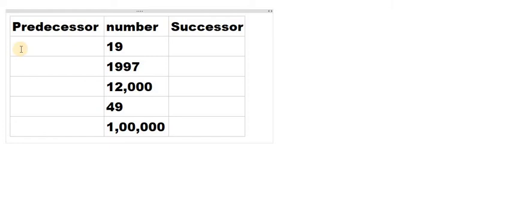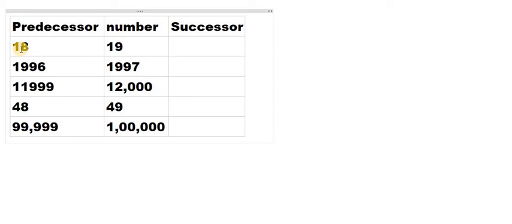We already know it means the number before. So what number will come before 19? That is 18, and then we'll go for 1997: before it is 1996. Just subtract 1 from the ones place. So if you subtract 1 from the ones place, here all the ones places are zeros, so you'll get 11,999, and before 49 is 48, and before 1 lakh is 99,999. Just a small simple subtraction.